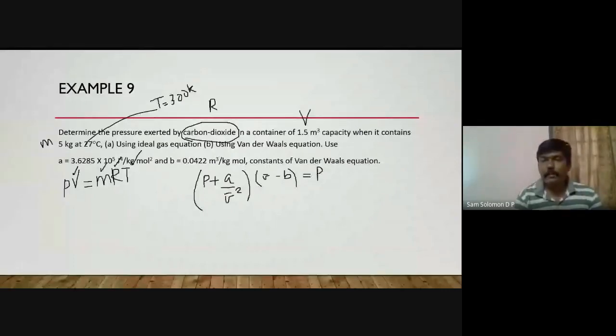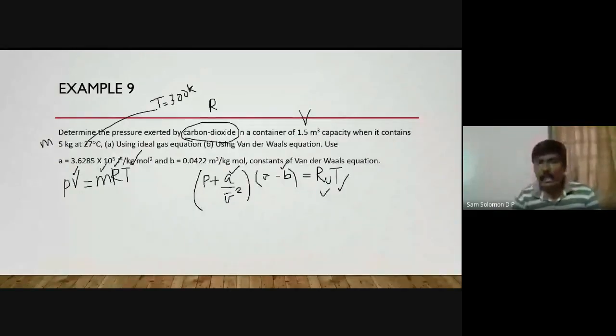I don't know the value of pressure; that is what I'm supposed to estimate. A is given in the problem: 3.6285 into 10 to the power 5. B is given in the problem: 0.40422. RU I know, 8314.4. T I know, it is 300 Kelvin.